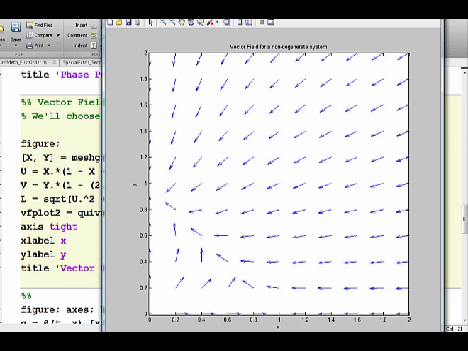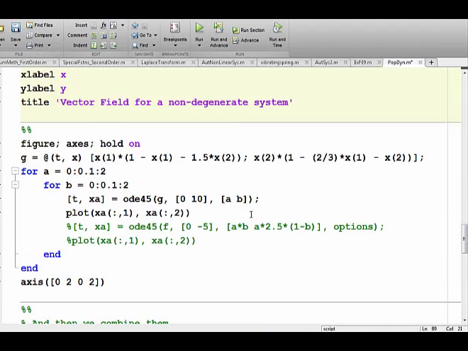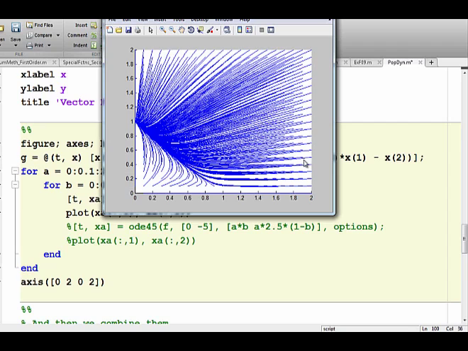Okay. Let's draw the phase portrait. I'm going to leave it to you to look at the code. And same kind of thing. You see all the curves are converging to the point 0, 1.